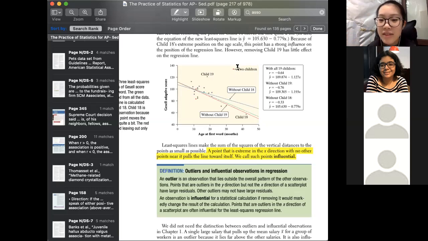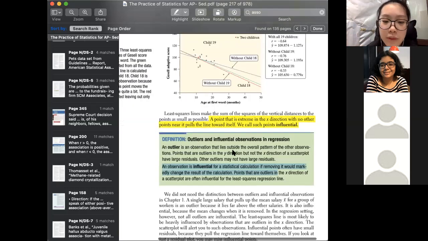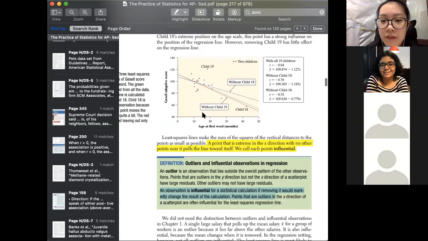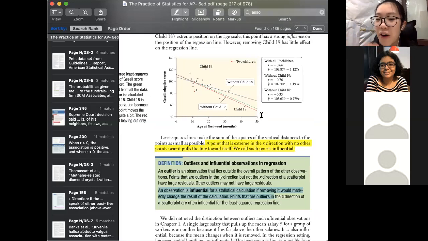It's more like something you got wrong, or it's just a coincidence. But an influential point is a point that actually enhances this tendency. Or if it's far away from the cluster, we also call it a leverage point, because it's kind of like a leverage.